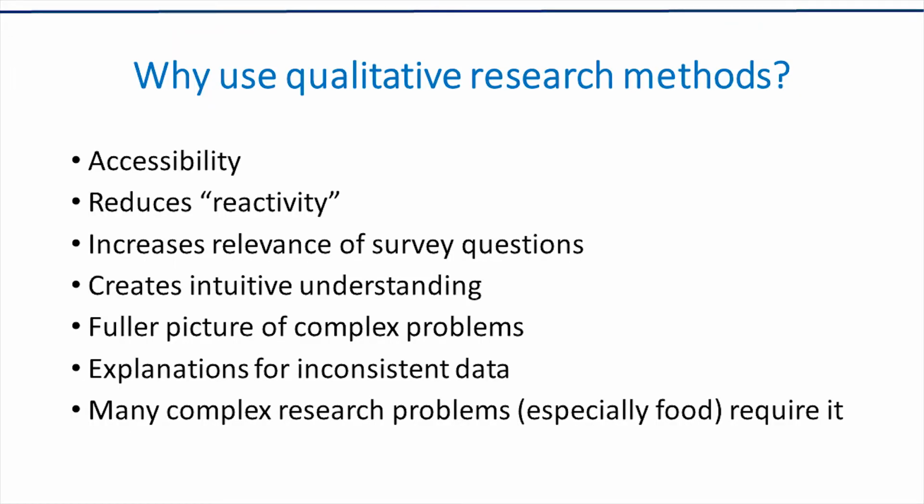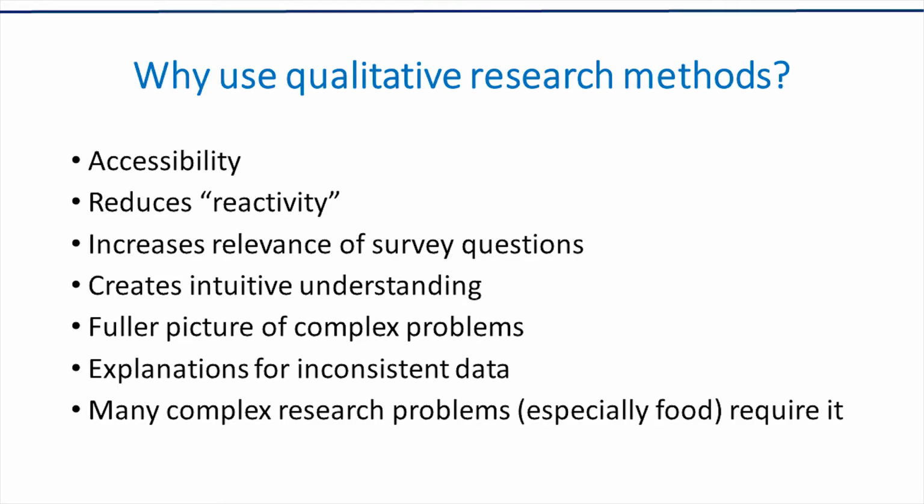So I'm just going to talk also about the pros and cons. Of course, there are pros and cons to every method, quantitative and qualitative alike. One thing that qualitative research can be very useful for is accessibility. You may gain access to environments and information that wouldn't normally be shared with you if you were just going in and doing some very quick sampling, for example.